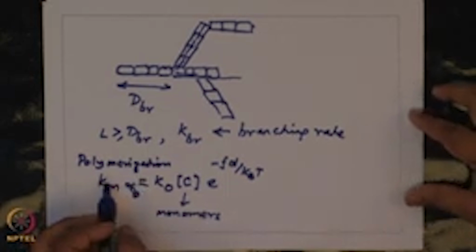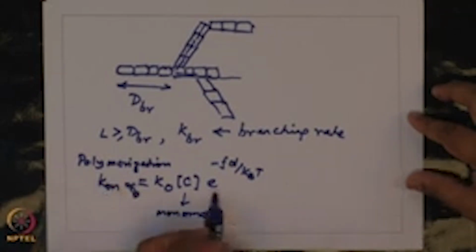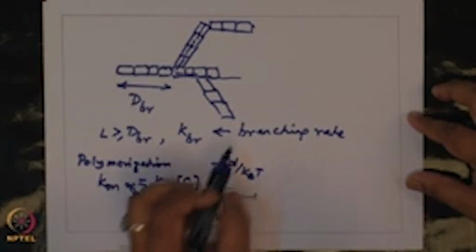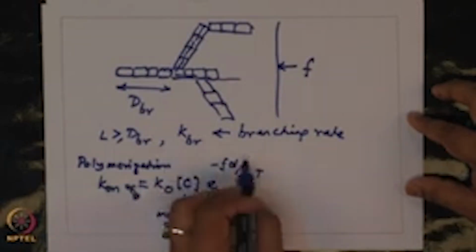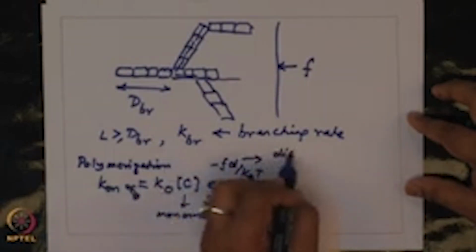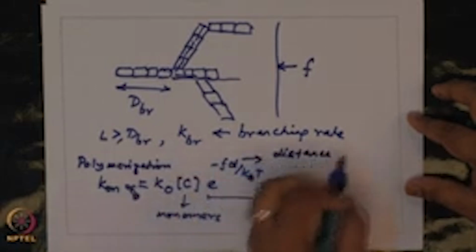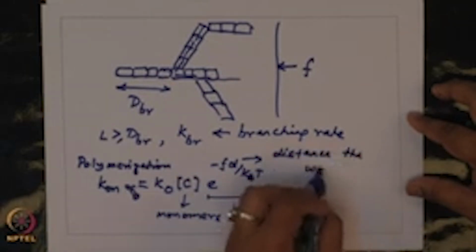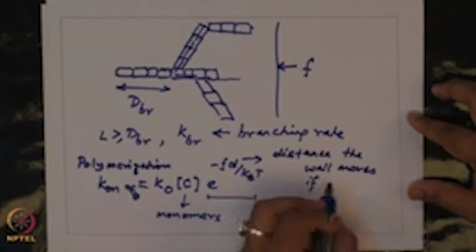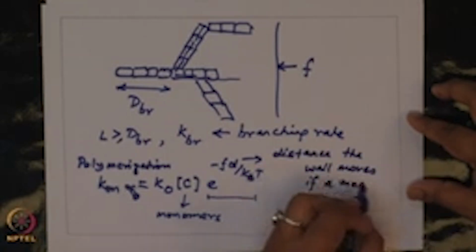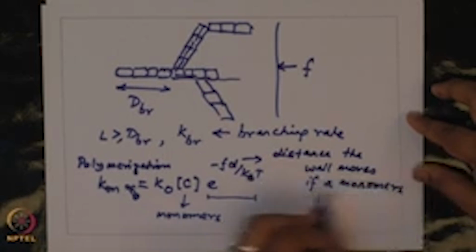Okay. So, this is the polymerization rate. So, what we have here is an exponential dependence on force F, with which the wall is being restrained, okay, and d corresponding to the distance the wall moves if a monomer gets added.